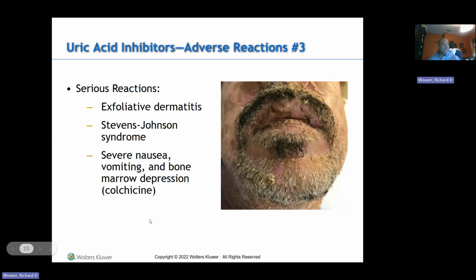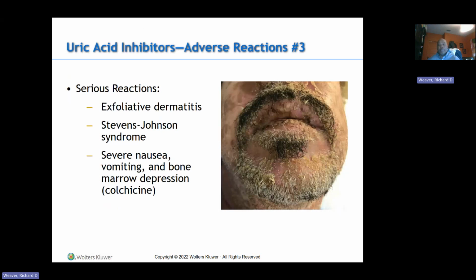Some of the more serious reactions is the exfoliative dermatitis. This patient here has Stevens-Johnson syndrome, but also it can cause severe nausea, vomiting, and bone marrow depression. And more specifically, colchicine can depress the bone marrow.